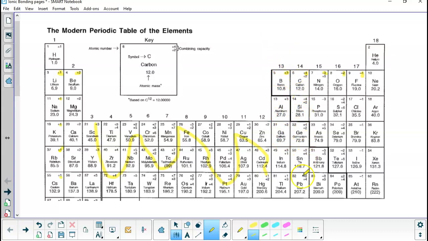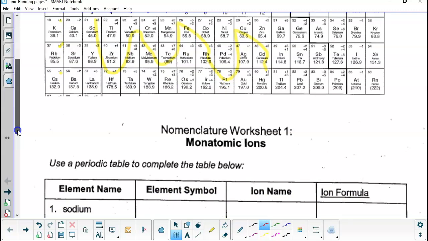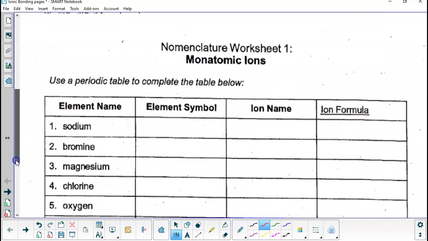This is a mixture of metals and nonmetals, so it's got some weird things going on there. 15, negative 3, negative 2, negative 1, and then our happy noble gases, they don't make ions. So your periodic table is going to be really helpful for us to determine our answers on our sheet here. Okay, so you want to always have your periodic table next to your worksheet to look things up.